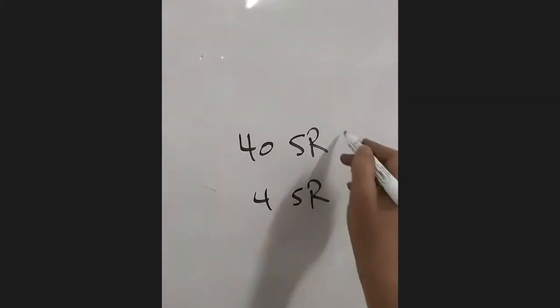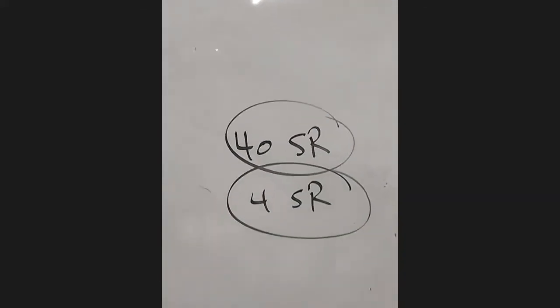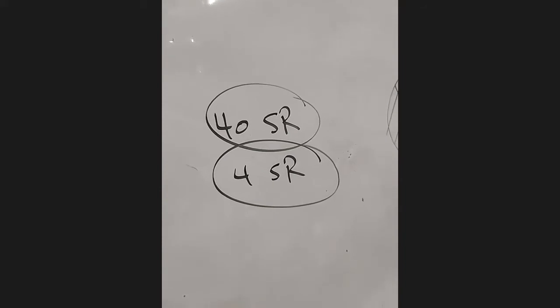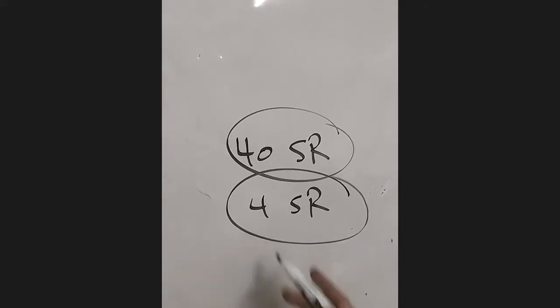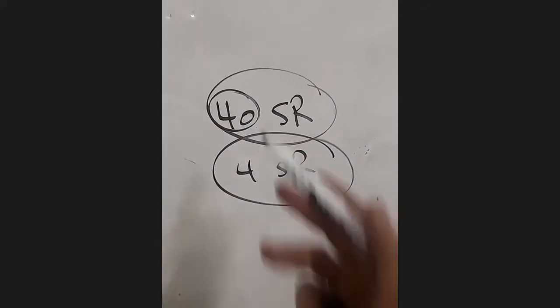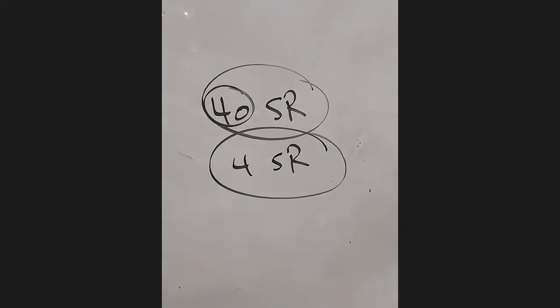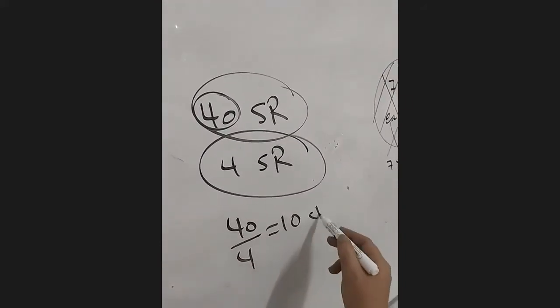So this is the total money you have, and this is the price of each chocolate, right? Can you tell me the number of chocolates you can buy with 40? 10. How do you get the 10? You multiply 40 with 4? No, you divide 40 by 4 to get the 10 chocolates, right?